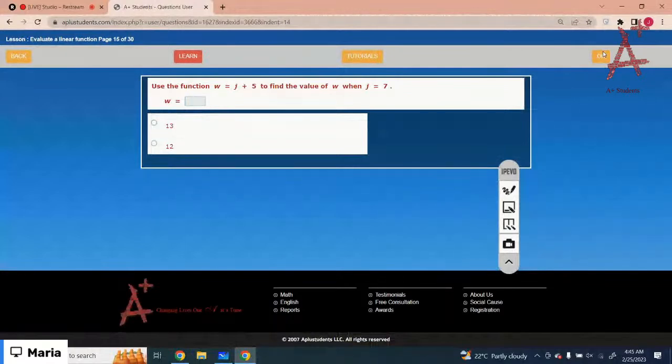Got it? Okay, the next one is use the function w equals j plus 5 to find the value of w when j equals 7. So you have to replace the j with the value. So it would be w equals 7 plus 5. So 7 plus 5 equals 12.